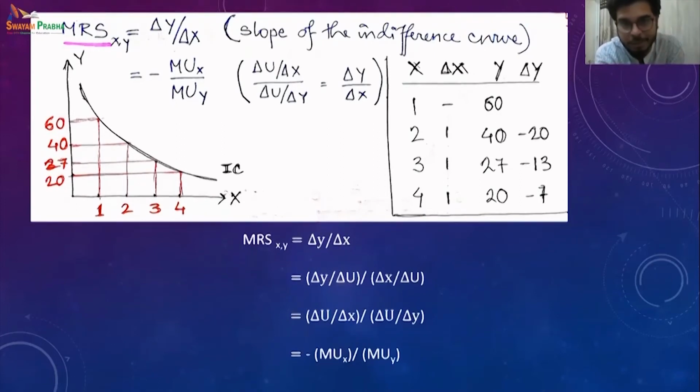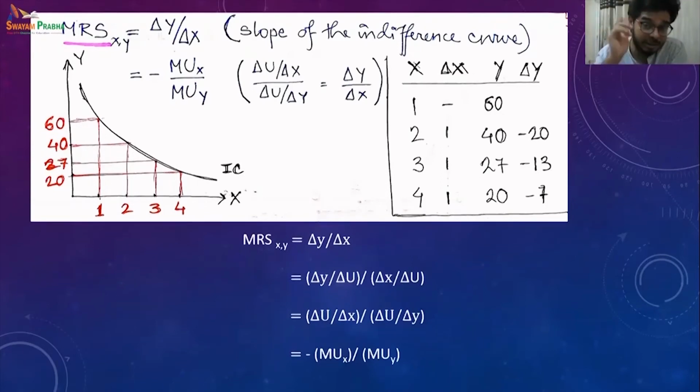That is marginal utility of y and marginal utility of x, right? If we cancel it out, delta u by delta y is under division, so it becomes delta y by delta u, and delta u cancels, and it is delta y by delta x. And minus, of course, because minus shows that it is diminishing, it is downward sloping.